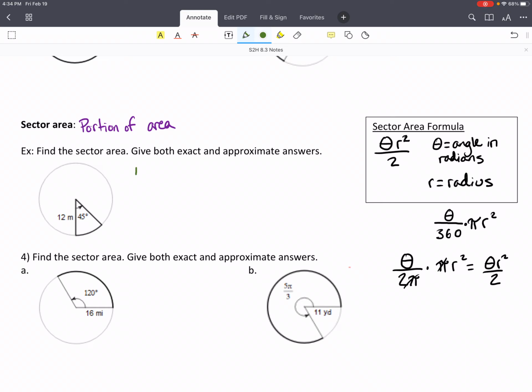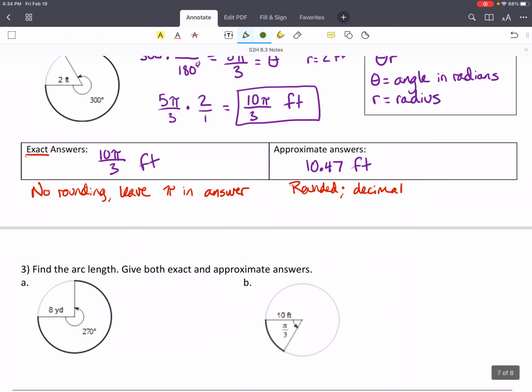So I'm going to convert 45. The reason I'm converting is so I can get the exact answer, because if I don't convert it, then I'm just going to have a bunch of decimals. To get exact, you have to convert to radians.